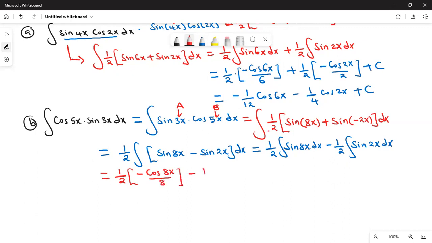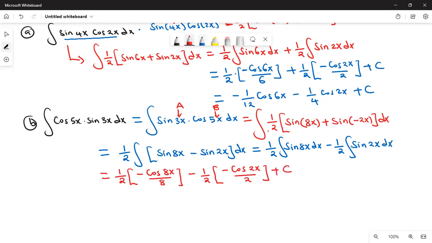Then there's minus 1/2, and the other one is negative cosine of 2x divided by 2 plus a constant c.